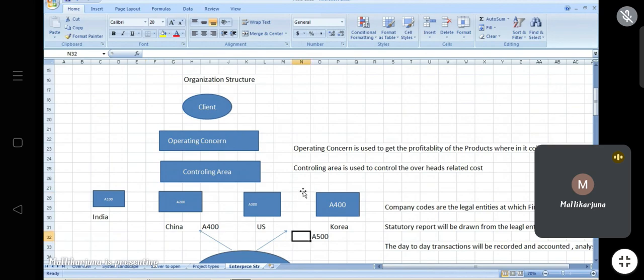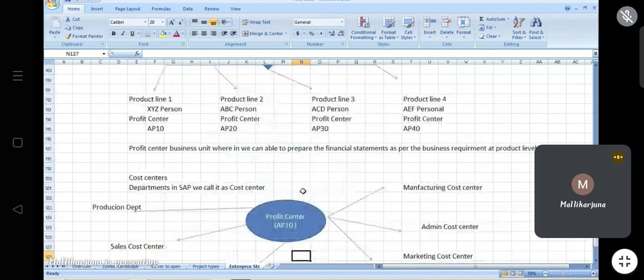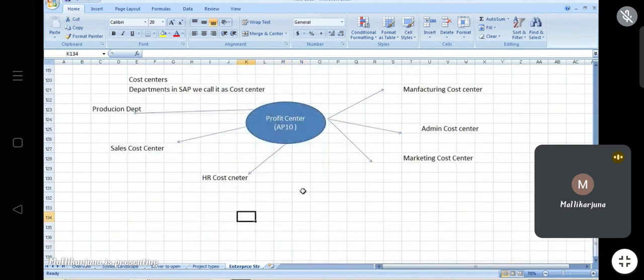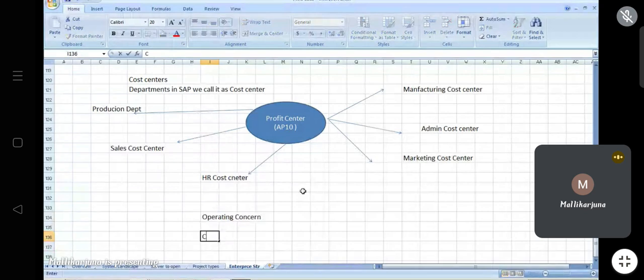Okay. So in summary, what we can understand: operating concern. I have not given the clear-cut definition of operating concern, we will understand that.